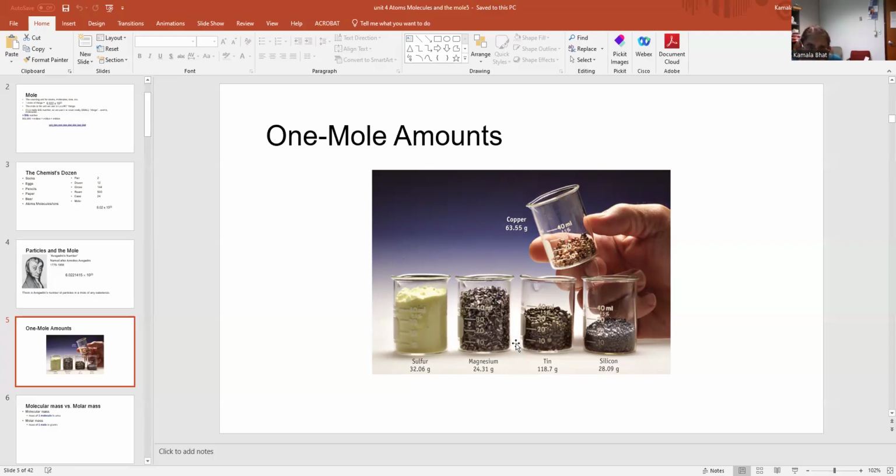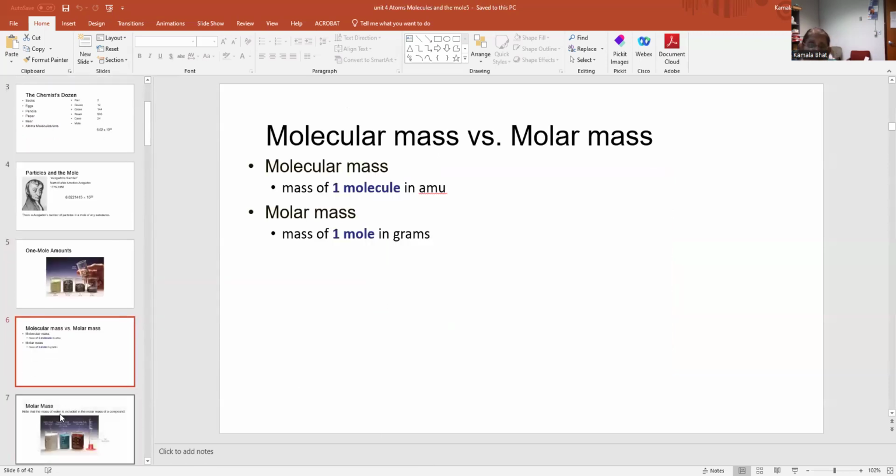We can see that the quantity looks large and different, but the mass represents 6.022 times 10 raised to 23 particles. So when we get the mass of 6.022 times 10 raised to 23, the units are grams per mole. However, when we get the mass of 1 molecule, then we designate it as the molecular mass, and it is the mass in atomic mass units for 1 molecule.